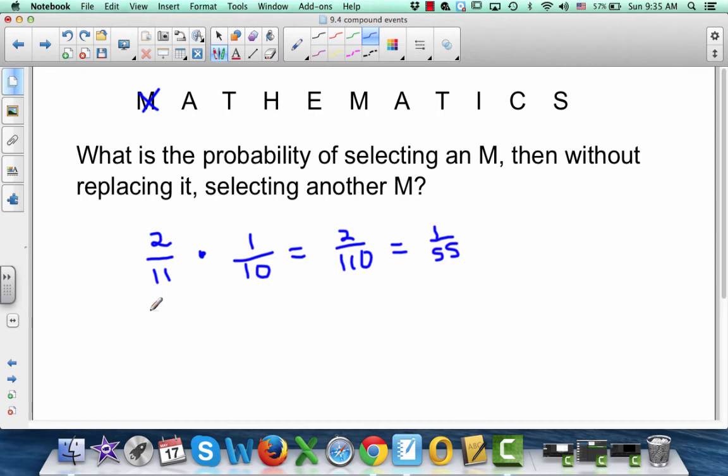The other way to do that is come over here. It's 2 out of 11 times 1 out of 10. 2 goes into 2 one time. 2 goes into 10 5 times. 1 times 1 is 1. 11 times 5 is 55.